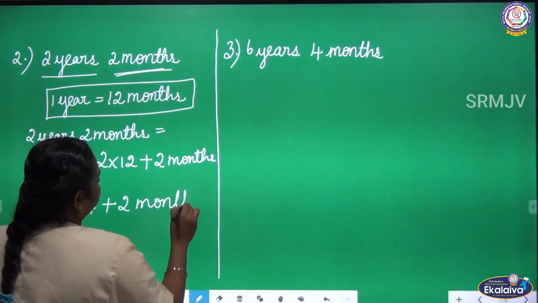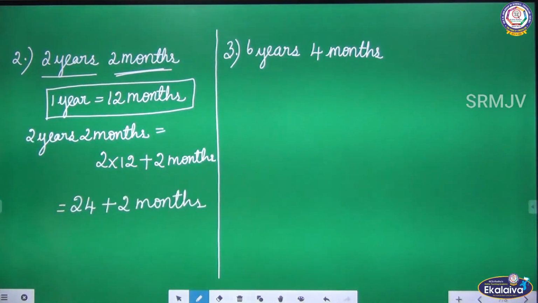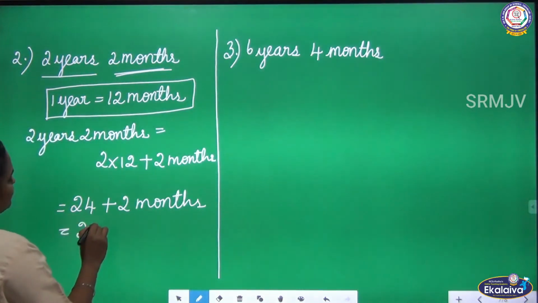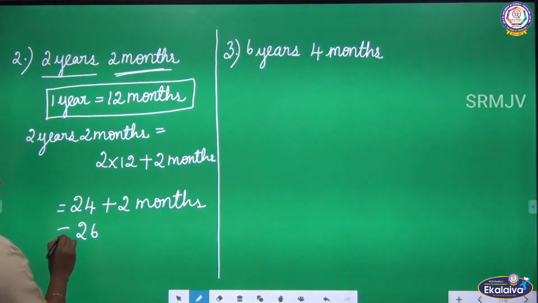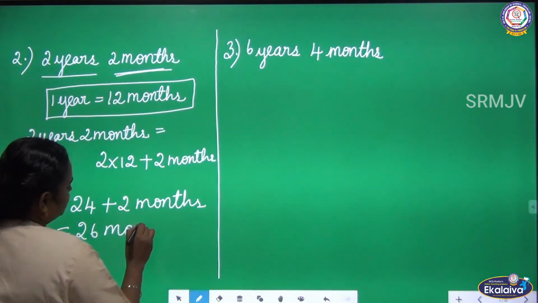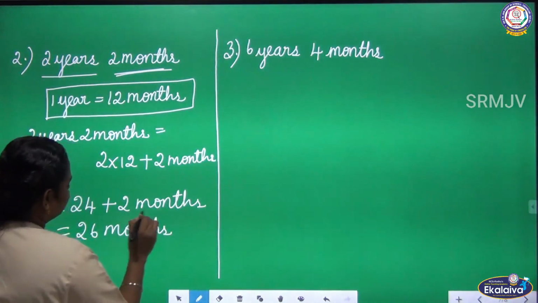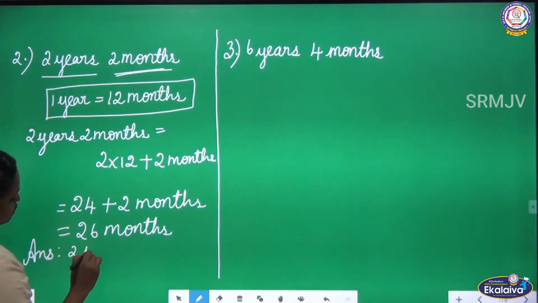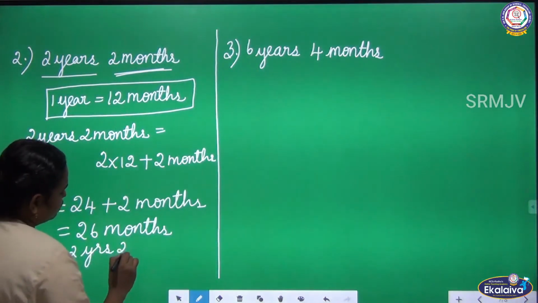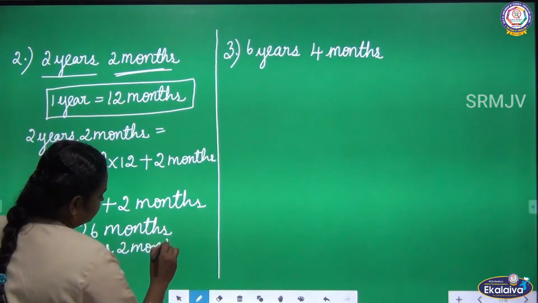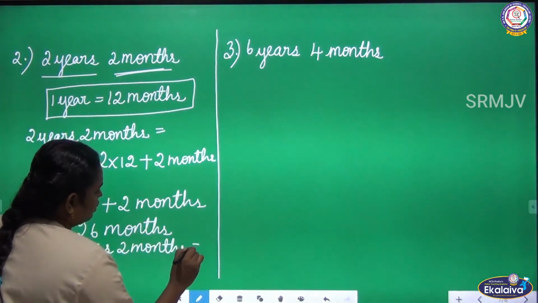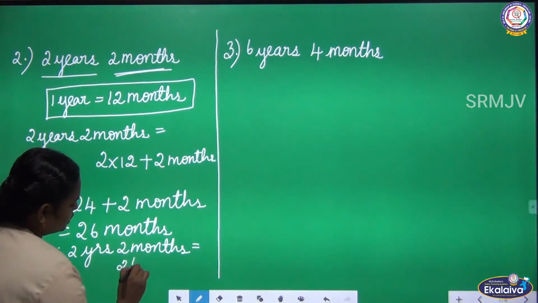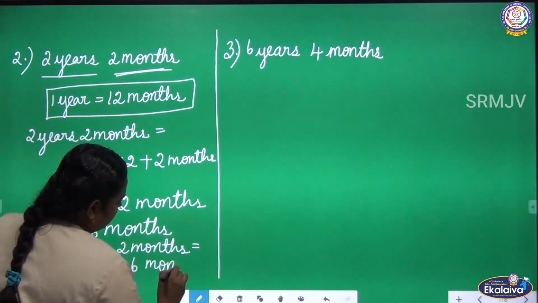What is 24 plus 2, children? 24 plus 2 is 26 months. So 2 years 2 months equal to 26 months.